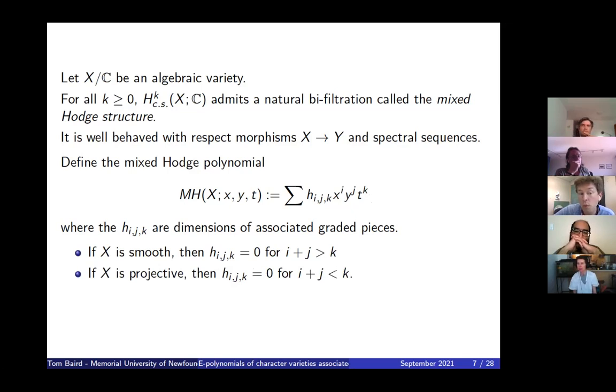So if you're in a situation where X is a non-singular and projective complex variety, then your 3-variable polynomial really becomes a 2-variable polynomial, because the only contributions are coming from when i plus j is equal to k. In that case, you call it a pure Hodge structure. And this recovers the usual Hodge numbers you would have seen in Kähler geometry on compact Kähler manifolds. Okay, but if you're in a singular situation or you're on a non-projective thing, then you have this more general situation.